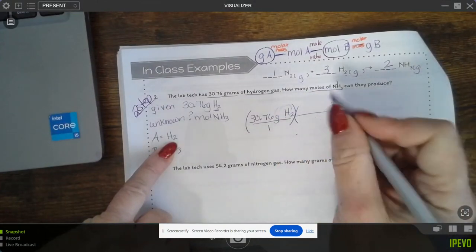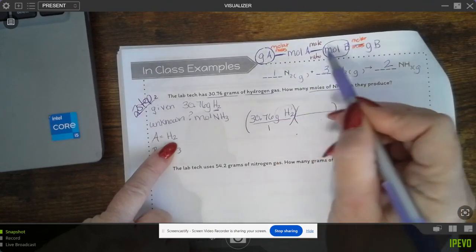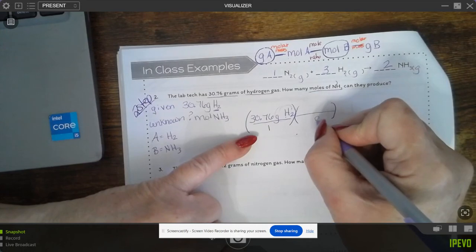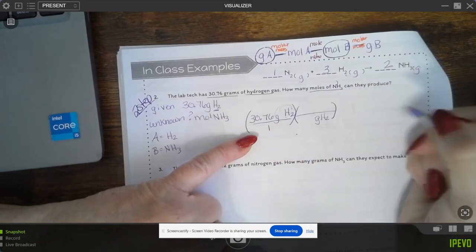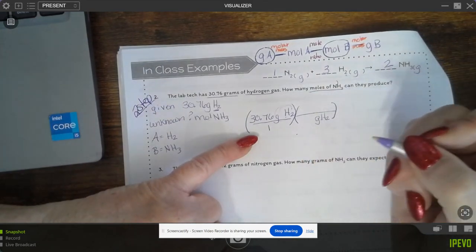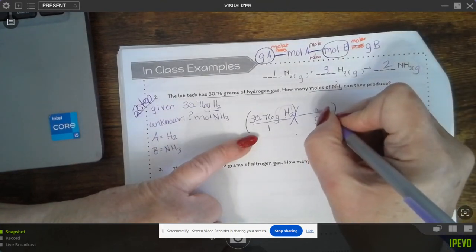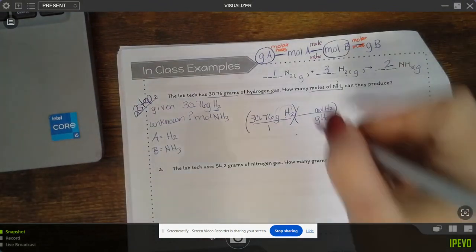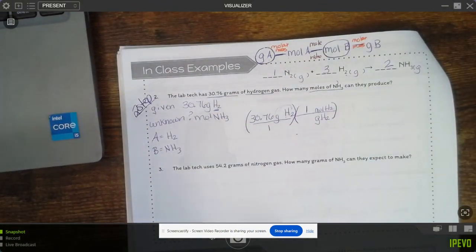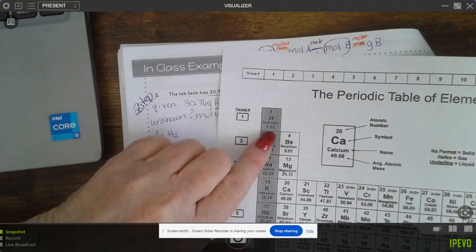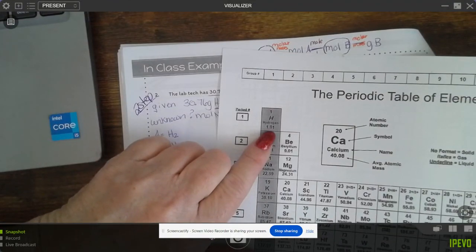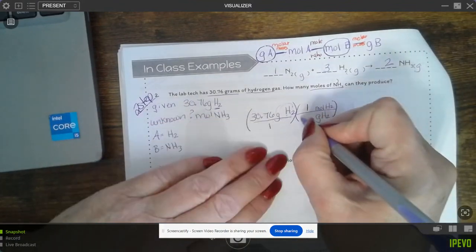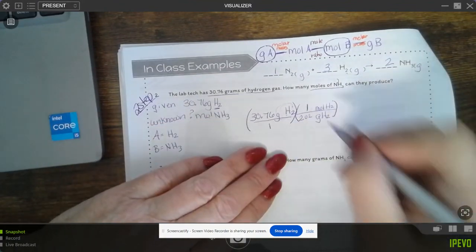So our first step is to convert from grams of A to moles of A. So I'm going to put grams of hydrogen down here on the bottom, and I'm using the molar mass to get to moles of hydrogen. 1 mole is always equal to the molar mass on the periodic table. So the molar mass of hydrogen is 1.01. Remember, we've got 2 of them, so that'll be 2.02.